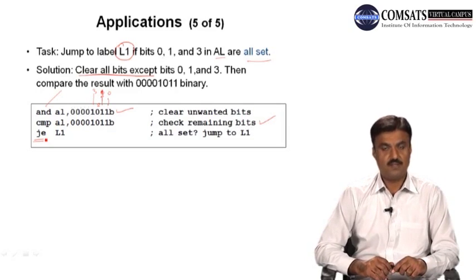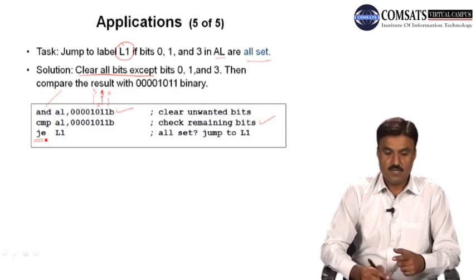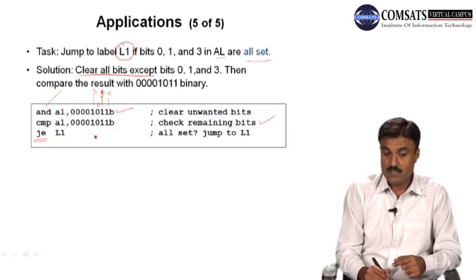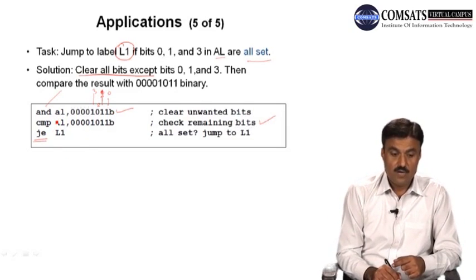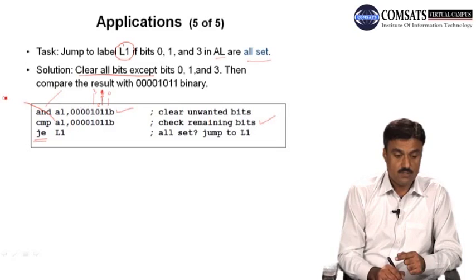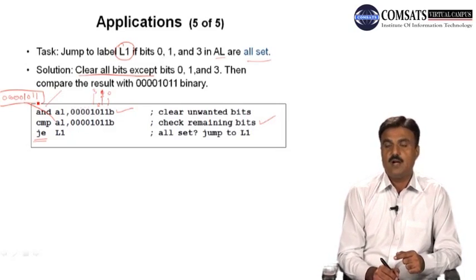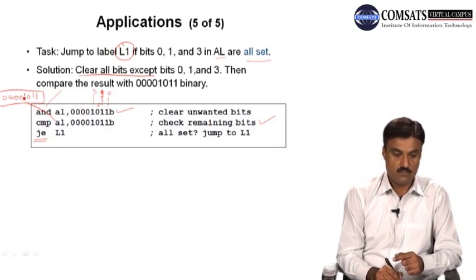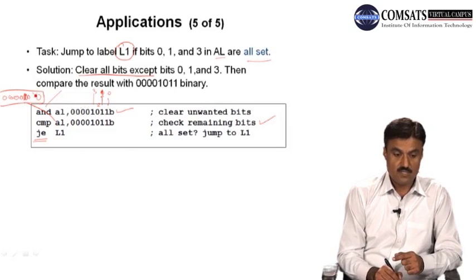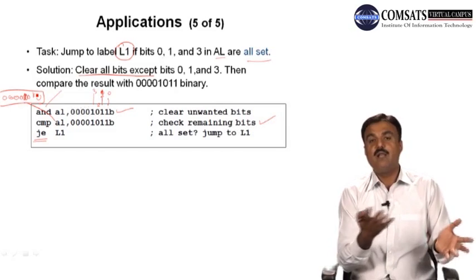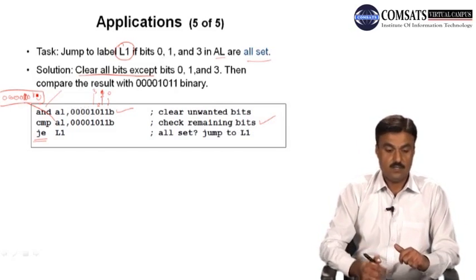It will jump when they are equal, meaning the value of AL should be 0 0 0 0 1 0 1 1. This is the case when they will be equal. Otherwise they will not be equal. If any bit is 0, for example the third bit, bit 0 or bit 1, it will be less than this operand.